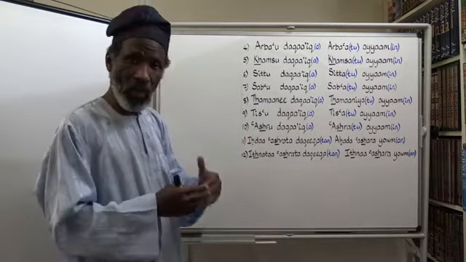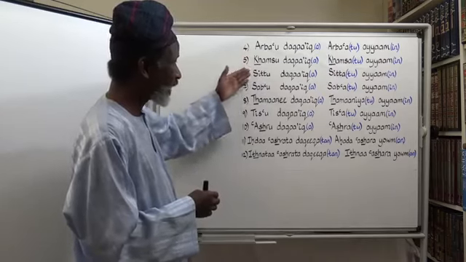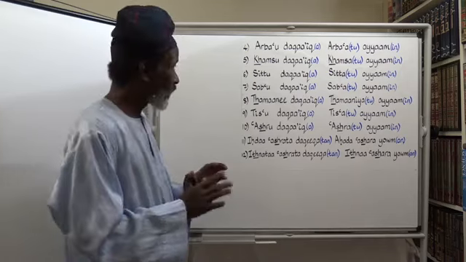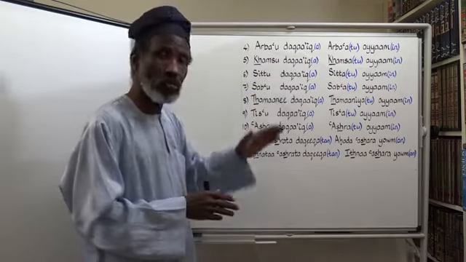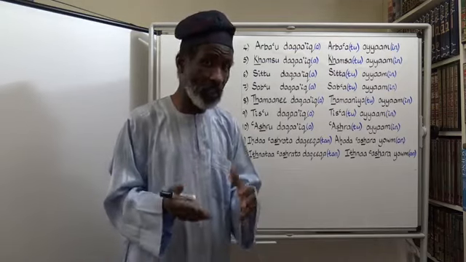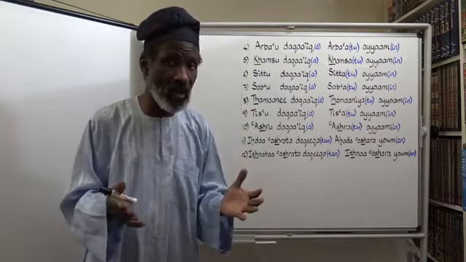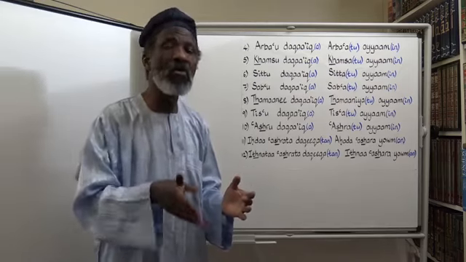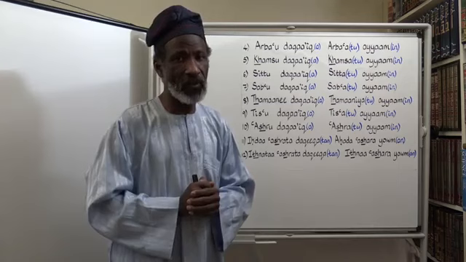The same thing will be for number 5, 6, 7, 8, 9, 10. So we say khamsu daqa'iq. As soon as I say khamsu, which is the male version of number 5, you know that I must mention a female noun after that.